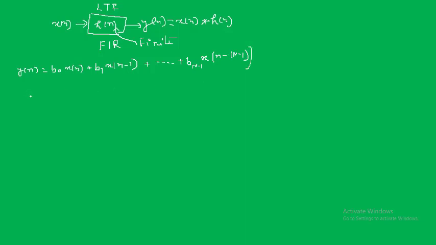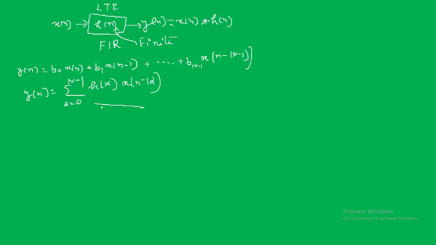So this can be further written as y of n equal to summation over k equal to 0 to N minus 1 h of k x of n minus k. So that is how it is related.